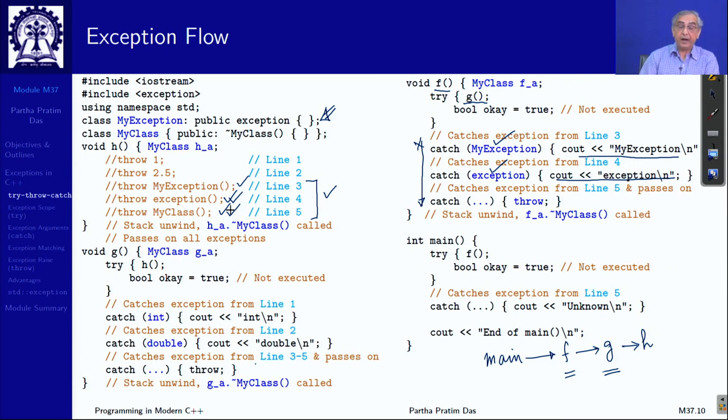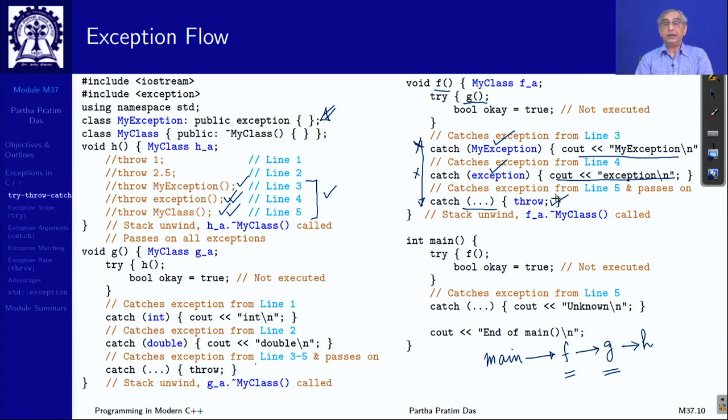Finally, if I have uncommented line 5, then I have my class, which obviously does not match here, it does not match here, and it will match the catch all clause again. For line 5, sitting in F, I still do not know what needs to be done, because it was not kind of expected by me. So, I am just catching it by the catch all clause, and so what I decide to do is throw it again.